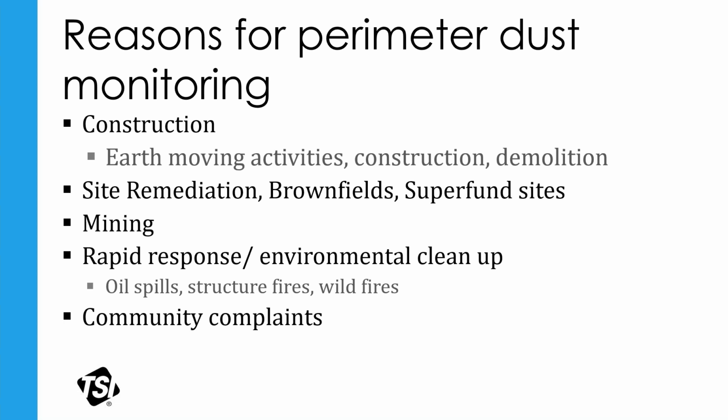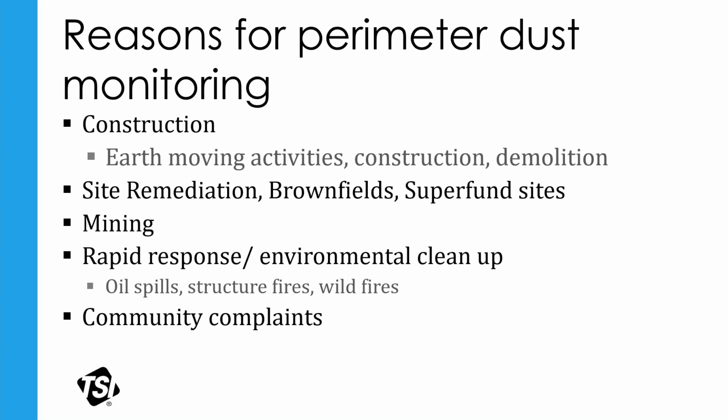Rapid response and environmental cleanup's another one that's been growing. Any kind of environmental spill, structure fires, wildfires have been really big out here on the West Coast as well. Monitoring, maybe not just during wildfires, but really having some kind of monitoring system in place if and when they do pop up. But also being able to get information quickly to people is important with some of these rapid responses.